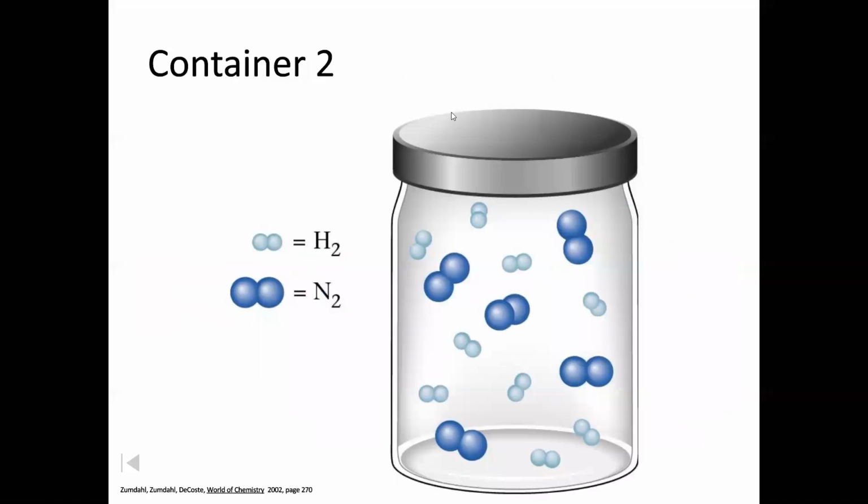Now in this container, do I have enough nitrogen to use up all the hydrogen? It's okay to count on your fingers as you look at it. And maybe the converse, do I have enough hydrogen to use up all the nitrogen? So when I combine these guys, what do I have left over?